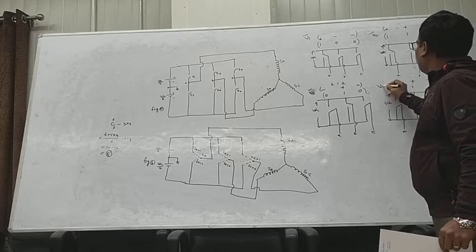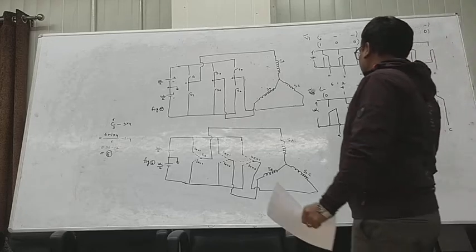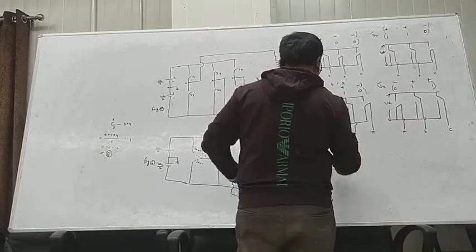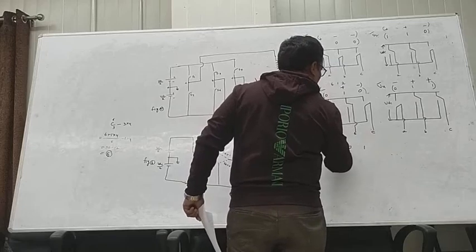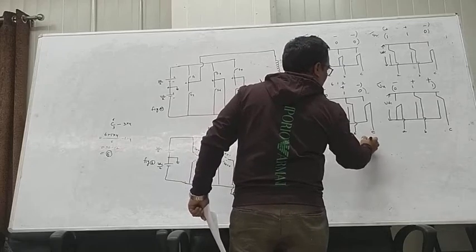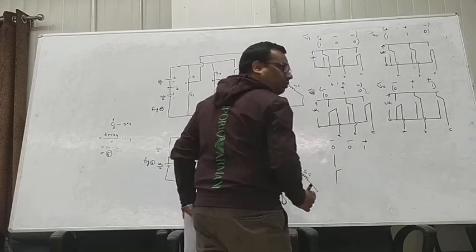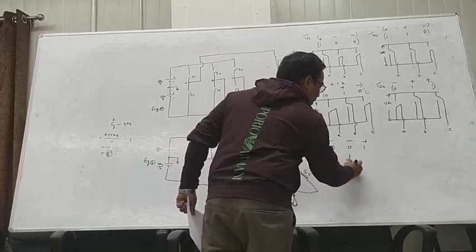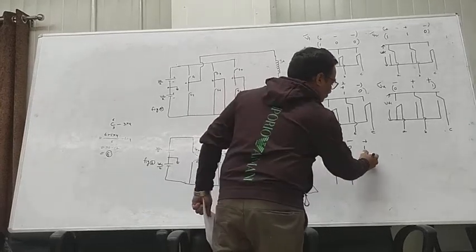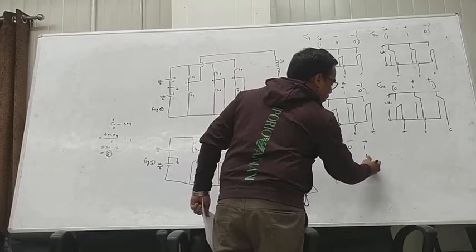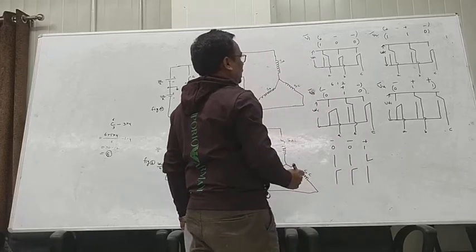This is the fourth vector, fourth switching state. And the fifth one is 0, 0, 1. It means minus, minus, plus. So it means the bottom switch S4 in phase A, also bottom switch S6, and upper switch S5 is connected.